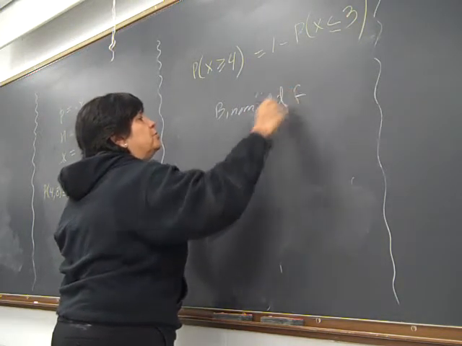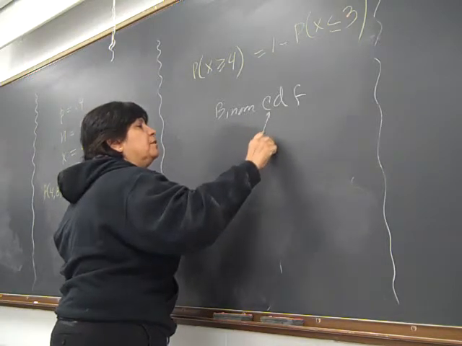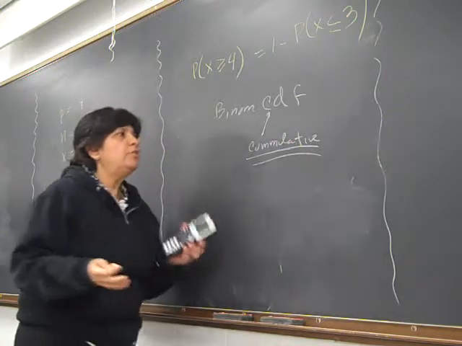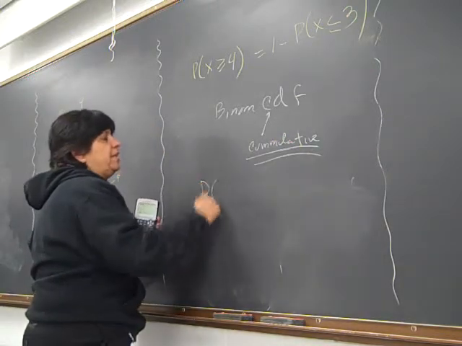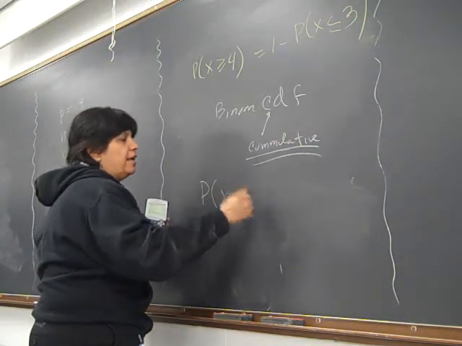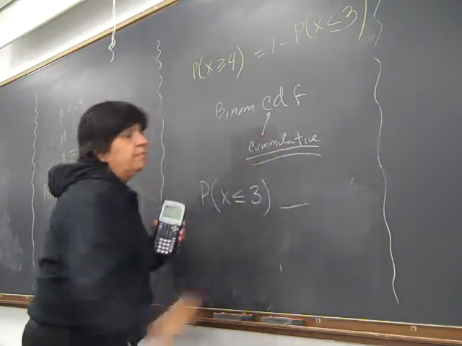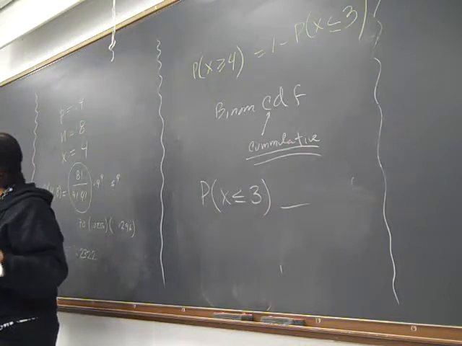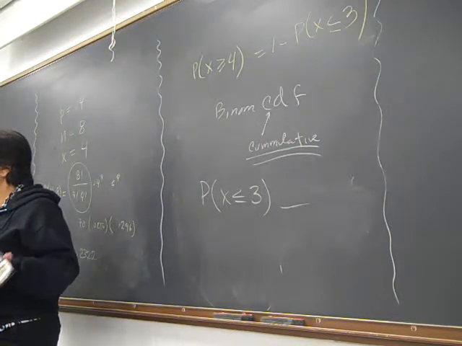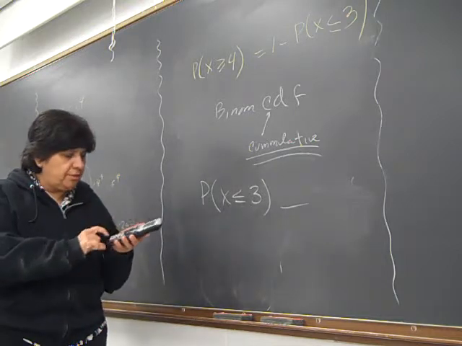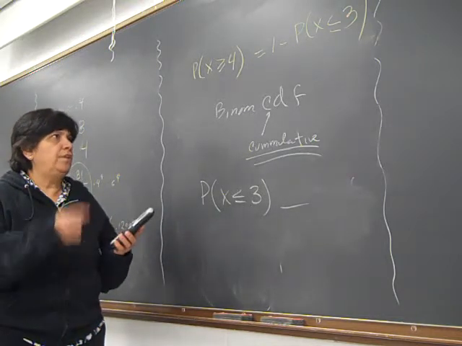This is the cumulative. It's going to give you the probability that x is less or equal than a particular number, let's say 3.